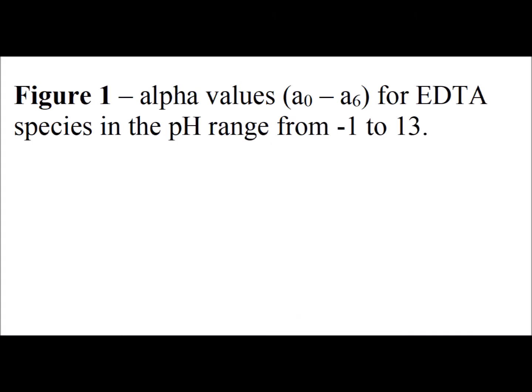Here is the relevant figure caption for the previous chart, or previous graph, if you want to call it that. Typically in a journal, these figure captions will be found immediately below the graph, below the figure.